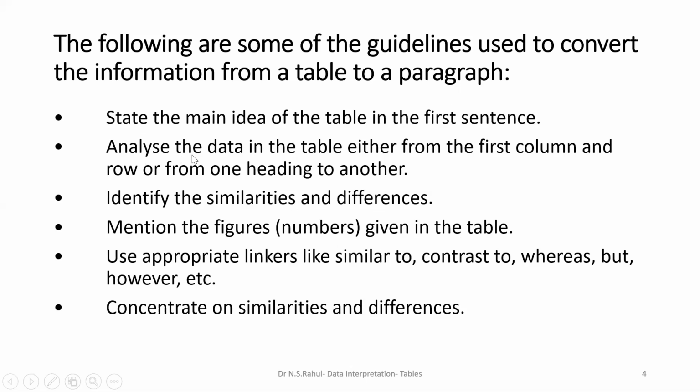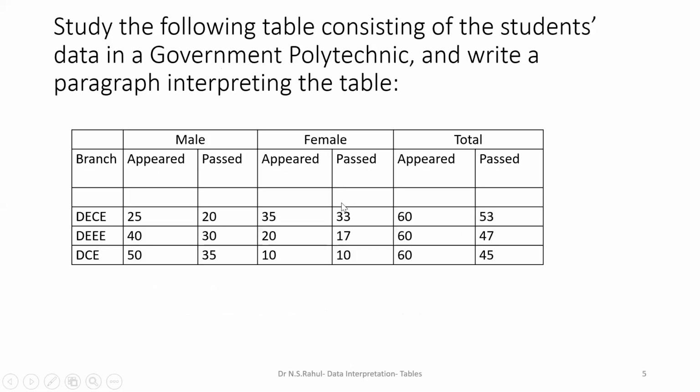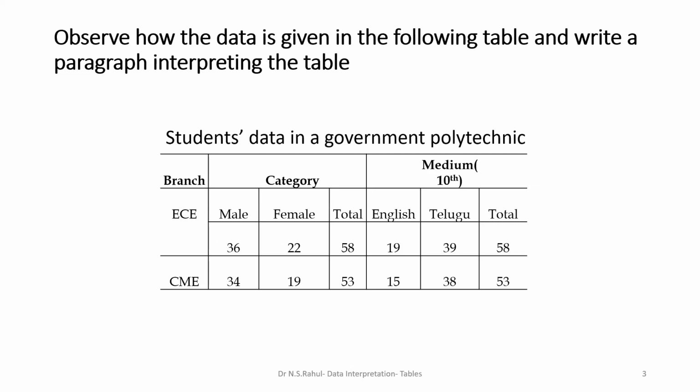What about analysis of similarities and differences? You have just given the information which is there in the table, but you have to interpret. Yesterday also I told you about this one.